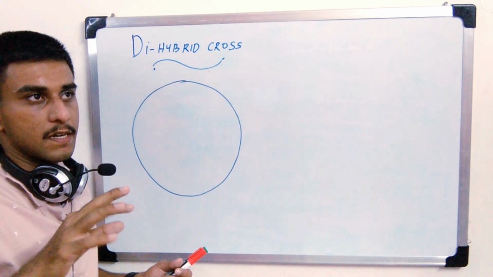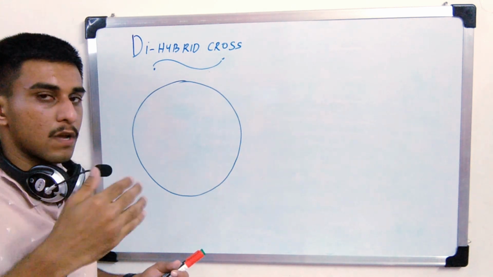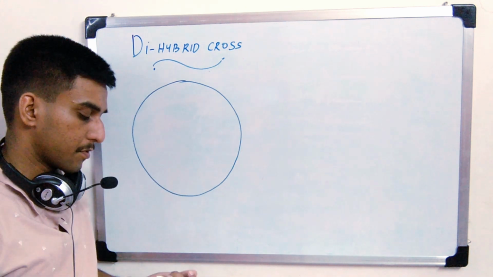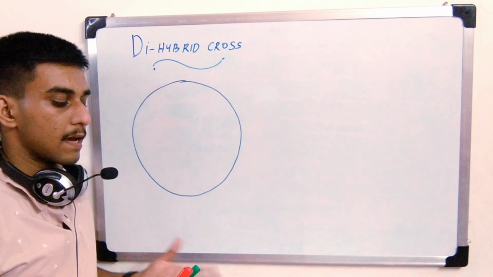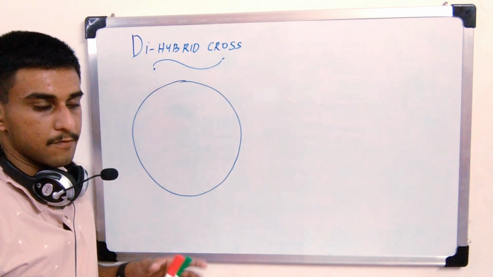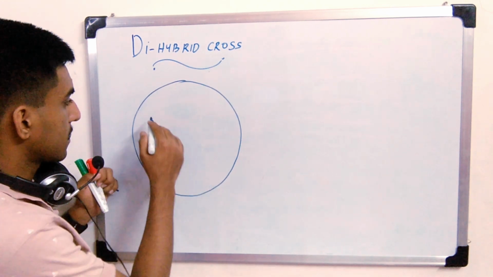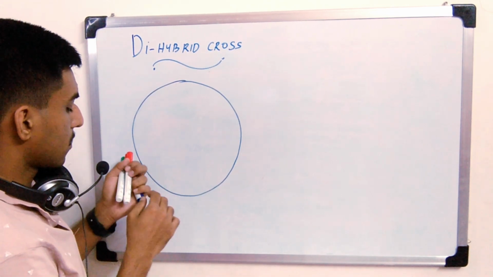F1 generation here has capital R, small r, capital Y and small y, so it is in a heterozygous condition. So we are going to understand the meiosis in the F1 progeny, right? So I am considering two homologous chromosomes.